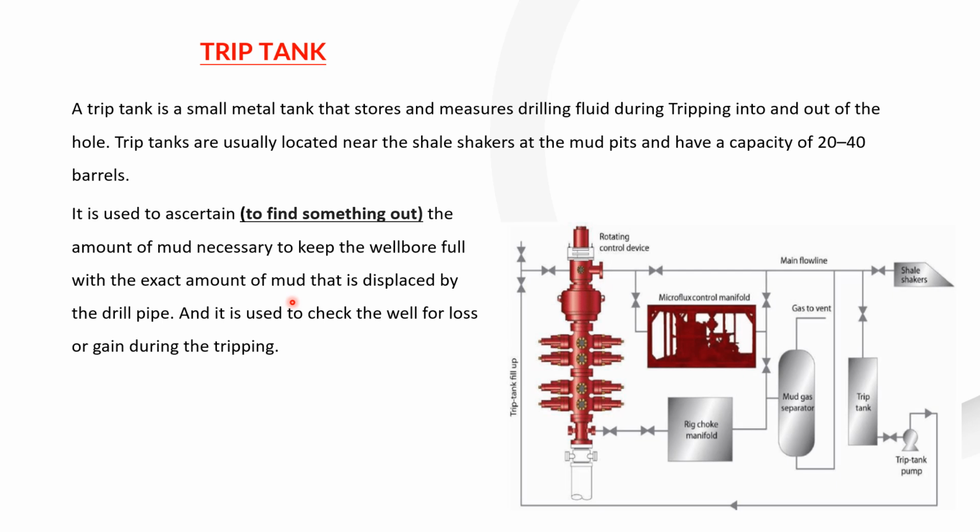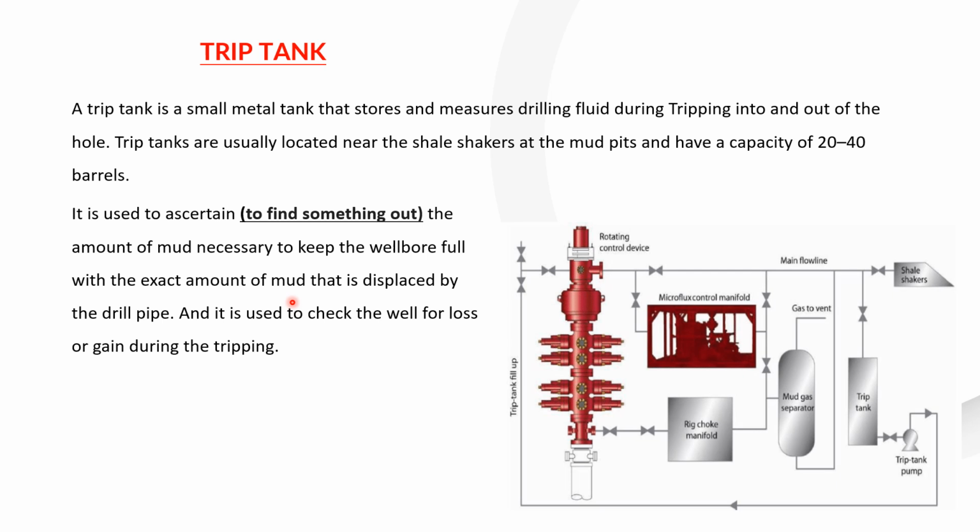When the drill pipe is taken out from the hole, an amount of drill mud volume is put in the hole by the trip tank. The trip tank has an instrument, a level indicator, to find out what volume of drill pipe has been taken out from the hole.